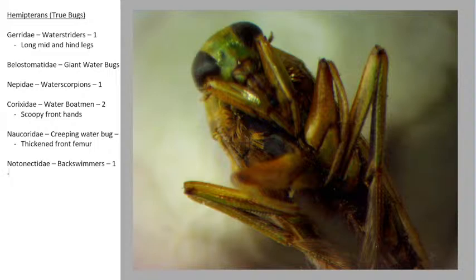So we'll just say variation in color. Hopefully you guys know what that means. The dark on the bottom and the light on the top. And then we're going to call them normal front legs. They're not scoopy.